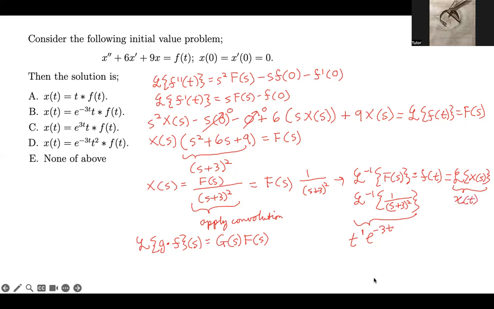So writing everything down, we see that, wait, actually, f of t is not equal to x of t. This is just finding our two separate forms.